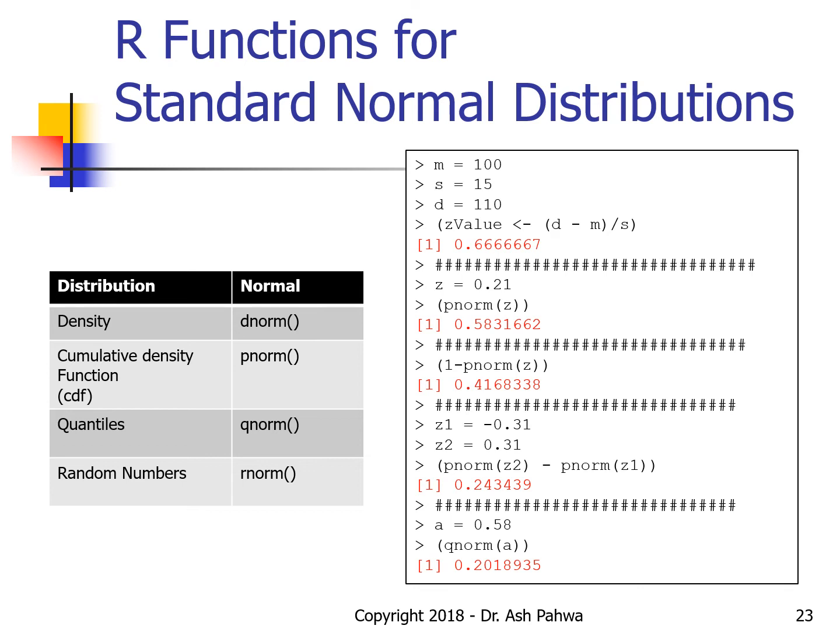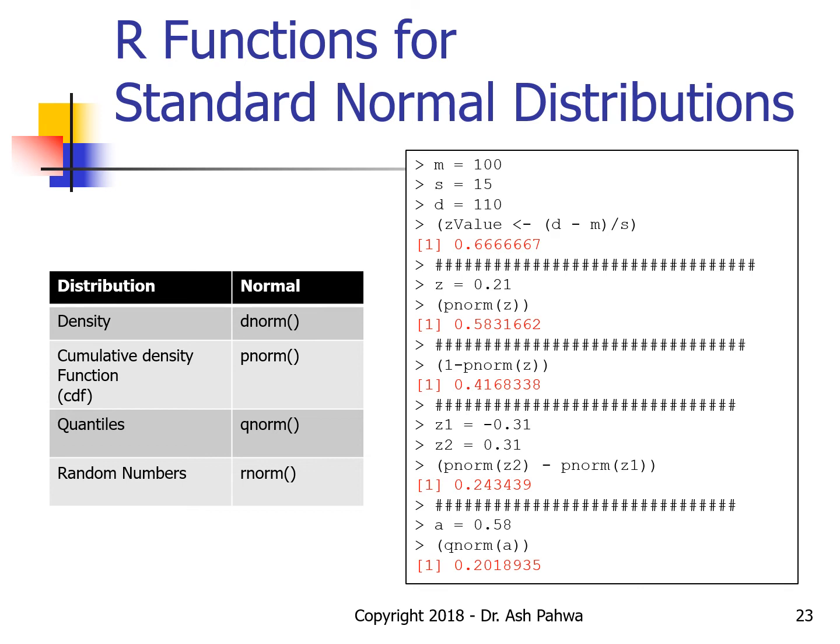So we get the value of 0.4168. We can also compute the area between two given z values, which are minus 0.31 and plus 0.31. As before, we will use the same pnorm function, pnorm z2 minus pnorm z1. So we again get 0.2434, which is the same number that we got before.